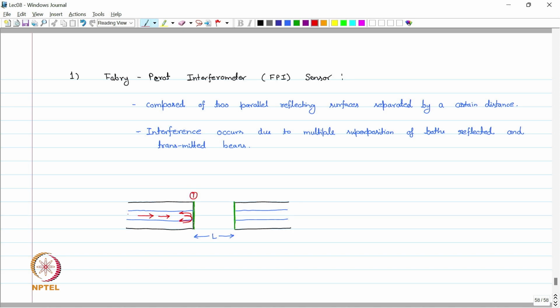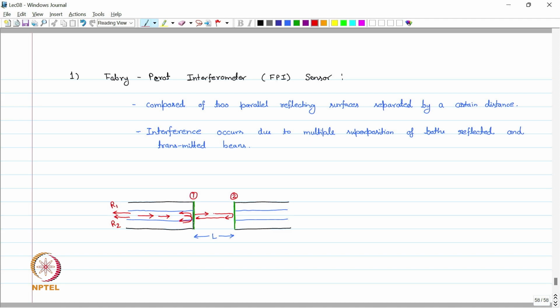This wave, let's say we call it reflected 1. Some part of this wave will be transmitted into this medium and it will be reflected at interface 2. This is interface 2, and this wave will go back here and we receive another wave which is reflected at interface 2. Let's call it R2.